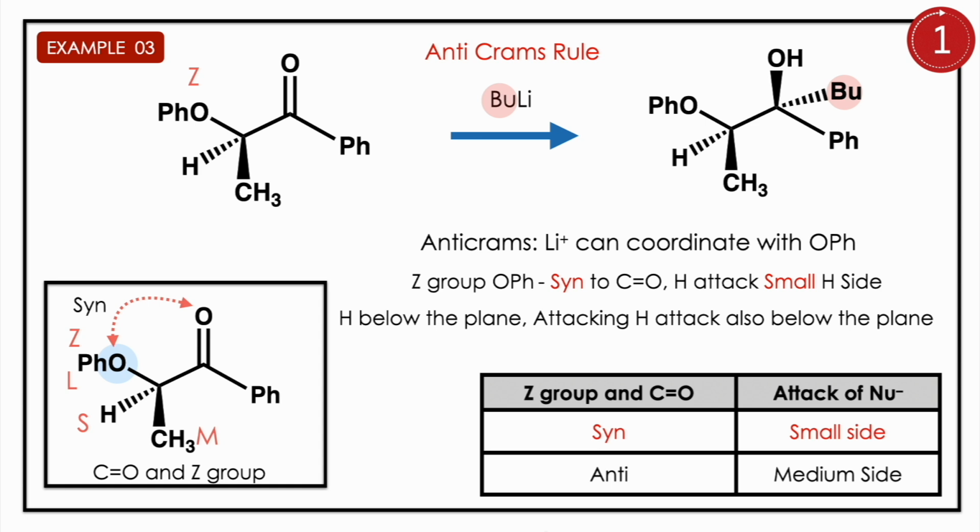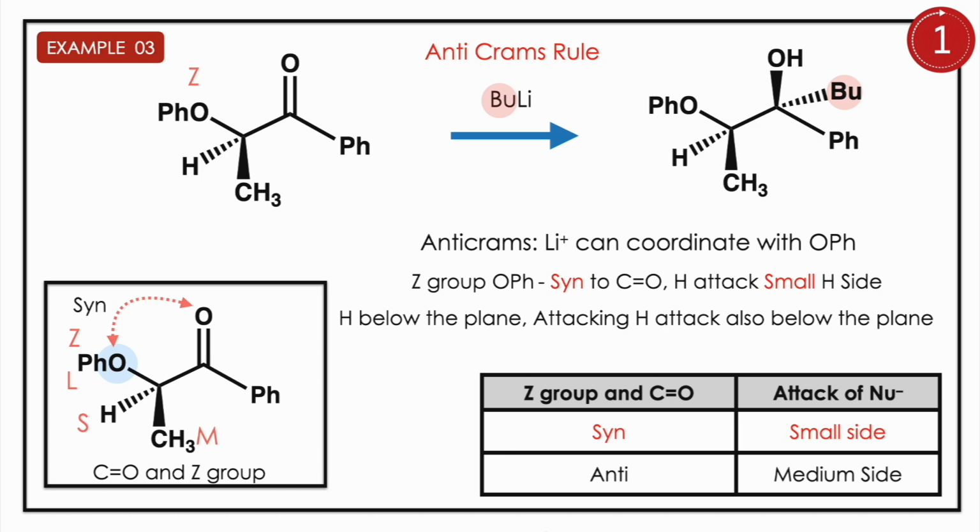So first let us label the Z group, L group, S group and M group. M group is phenyl, S group is methyl, large group is phenoxide, which is also the Z group. Here the Z group and large group, which is phenoxide, are the same, and the small group is hydrogen, the medium group is methyl. The relationship between oxide and carbonyl is syn.